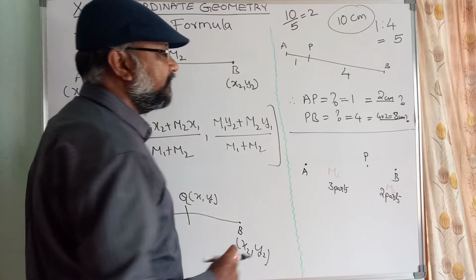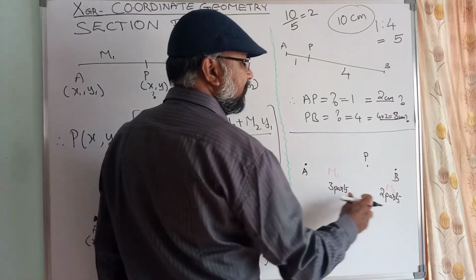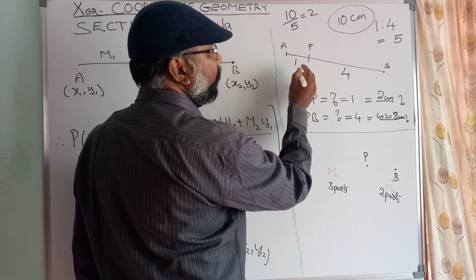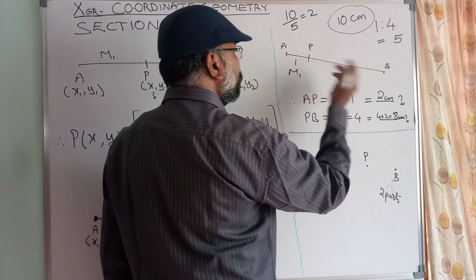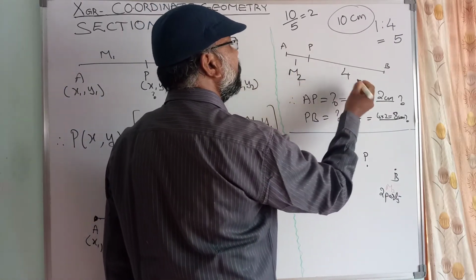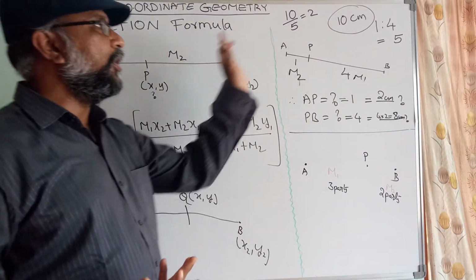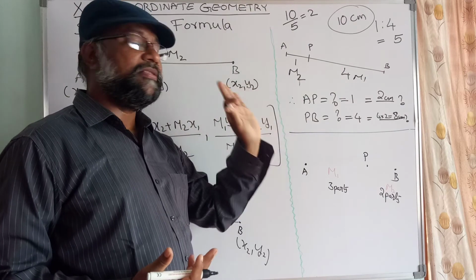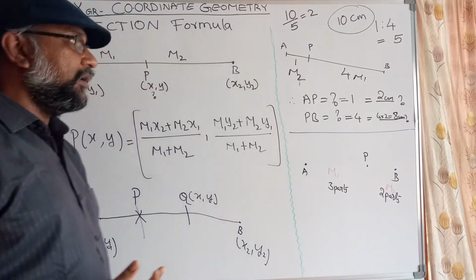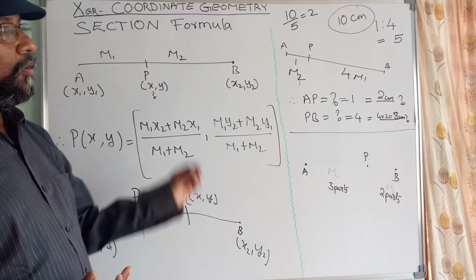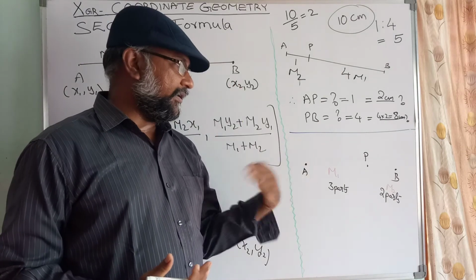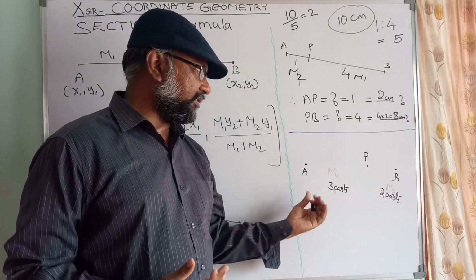So likewise we can have the parts m1 and m2. You can write this as m2, this could also be m1, whatever it may be, from A to B or B to A. The direction is important. So we can practice.